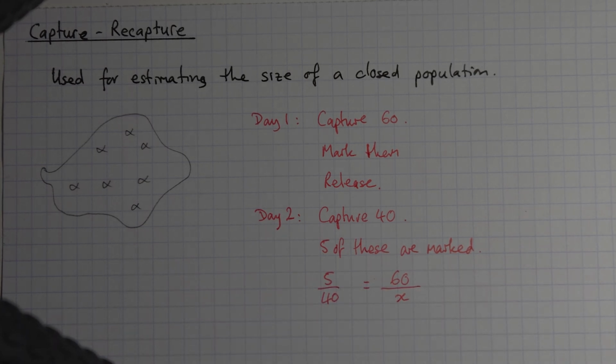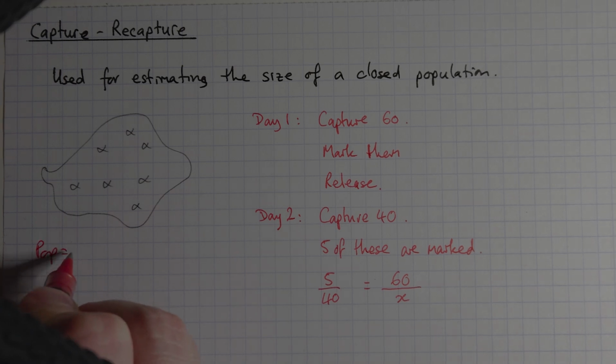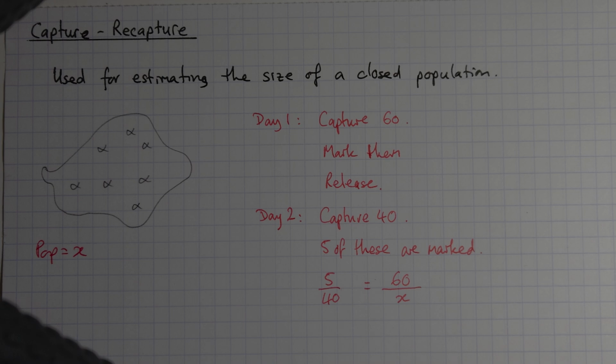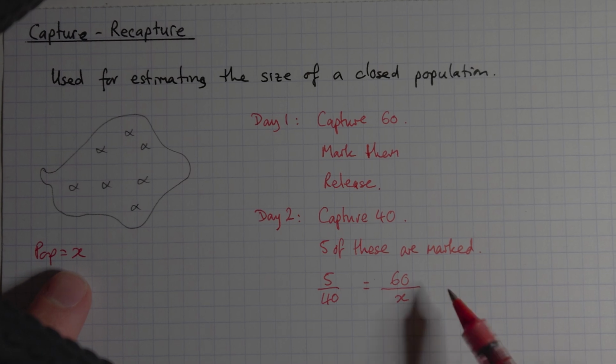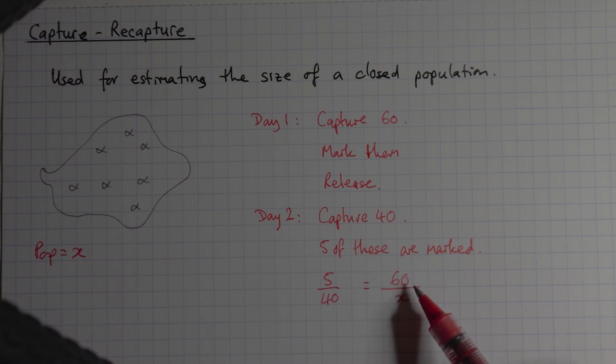So I'll say that again slowly. I'm trying to work out the number of fish that are in this lake. I don't know how many are in there, so let's call it X. So the population of fish in the lake is X. It's a mystery number. And on the first day, I mark 60 out of all of them. So 60 out of all of the fish I cover in purple dye.